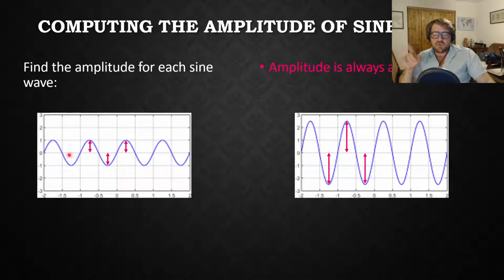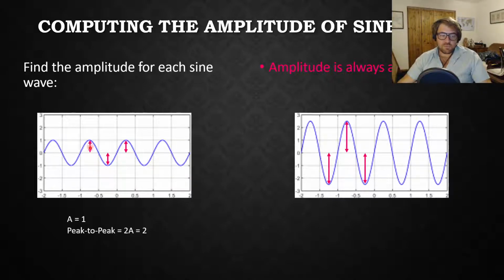But when we're talking about amplitude, it's never negative, even though there are negative numbers. So amplitude is an absolute value. So what you do is you go from the 0 and you measure to the peak or the nadir. And in this case, it is 1. The amplitude is 1 because you go just from 0 to 1.